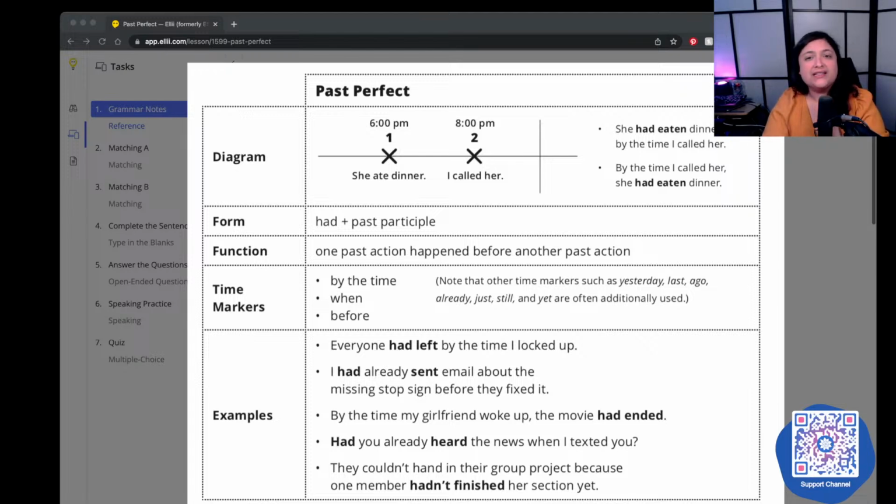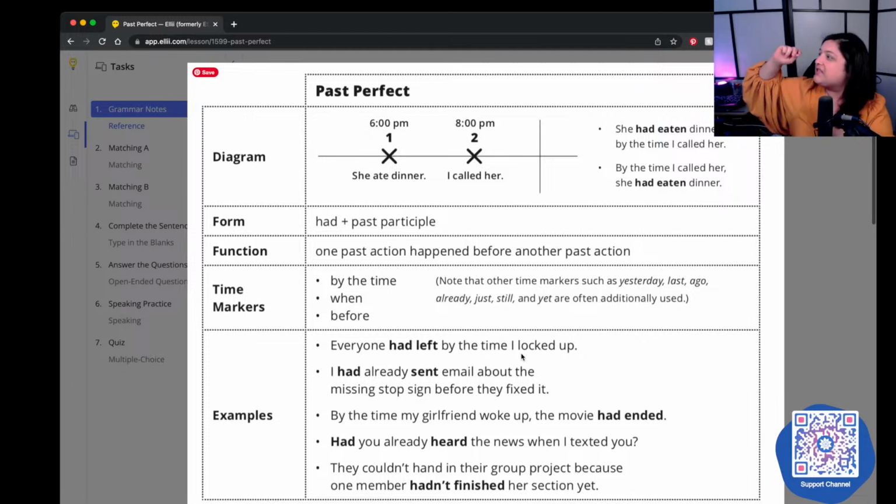Let's look at more examples here. Everyone had left by the time I locked up. Locked up in this context means to close something, to close a store. I had already sent email about the missing stop sign before they fixed it.